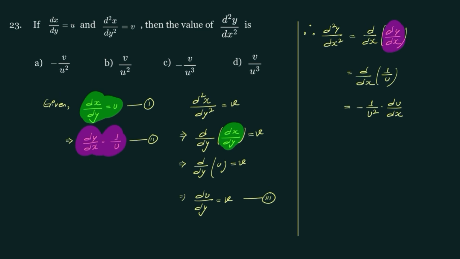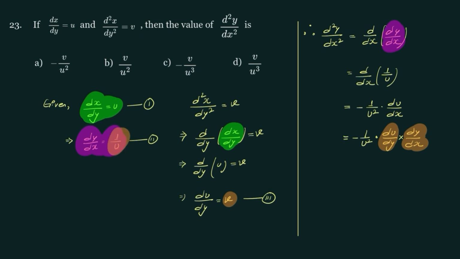We do not know the value of du over dx, so for that we will use the chain rule. So I can write this as minus 1 over u square into, instead of du by dx I can write du by dy into dy over dx. So this is the chain rule. Now why I am doing so, because I know the value of du over dy as v from equation 3, and we know the value of dy over dx as 1 over u from equation 2.